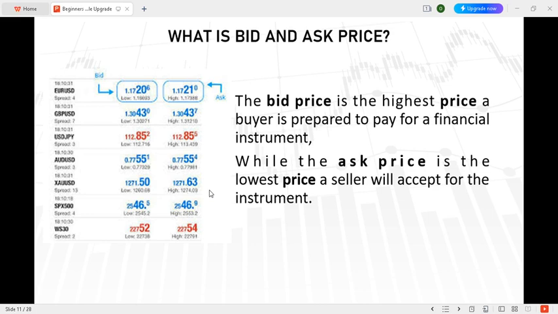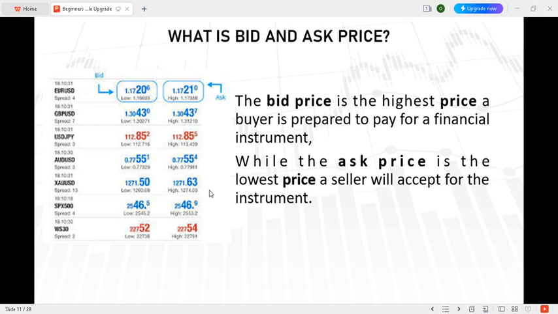So the seller is telling you, I'm going to sell this for $20. Then you bid, oh, I don't have $20, how about I pay you $15? So that is the bid, and that is the ask price.